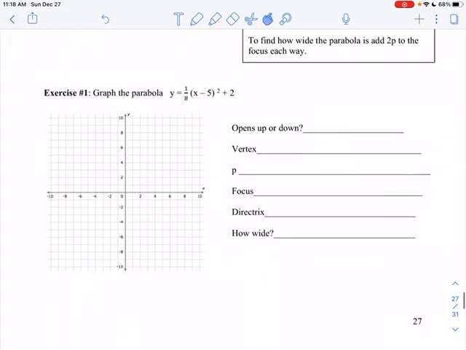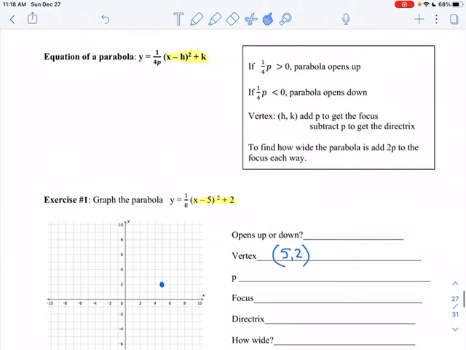All right, so let's look at a problem to see what's going on. Graph the parabola y equals 1 over 8, parentheses x minus 5 squared plus 2. All right, so this right here gives me my vertex. So my vertex is 5, 2. All right, so I'm going to plot that 5, 2. There's my vertex. All right, so remember my equation from up here.